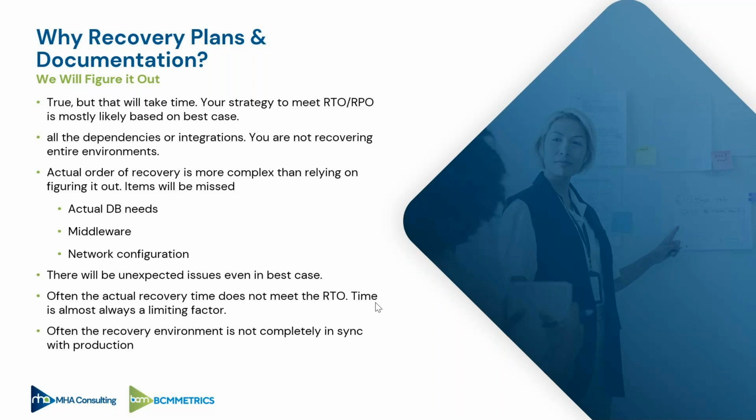And then you've got the situation of recovery environments not always being in sync with production. There's a case where, yeah, we've got backup set up or we've got replication, but nobody's monitoring it. And the next thing you know, it's out of date by a day or 2 or a week. I've actually seen that happen when we've gone into tests. Before we do a test, somebody will go check and realize, oh, I've got to go fix that before the test because the replication hasn't worked, or we forgot to put a server in our protection.